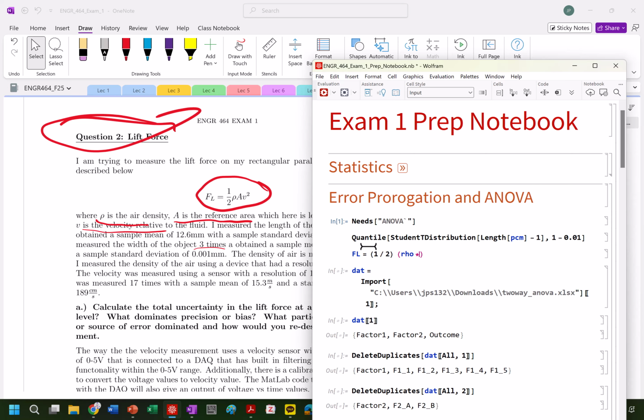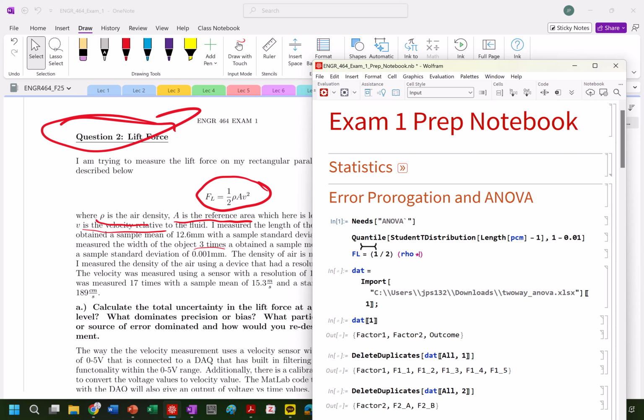And I remember I want this to be unitless, so I'm going to divide by FL. And then that's going to be squared, plus the same for V, with UV. And there we go.